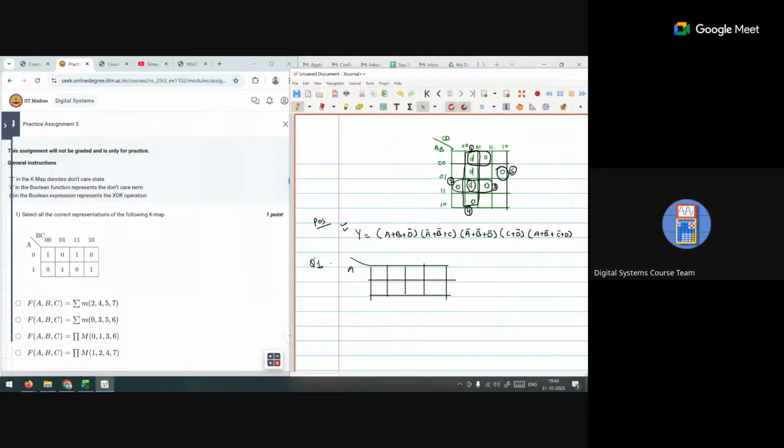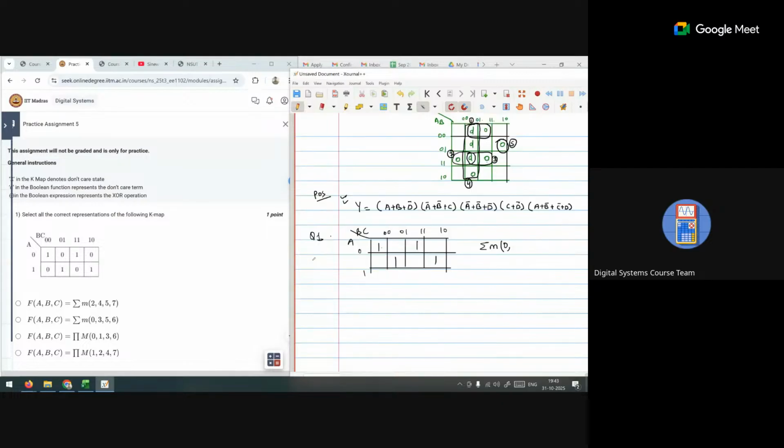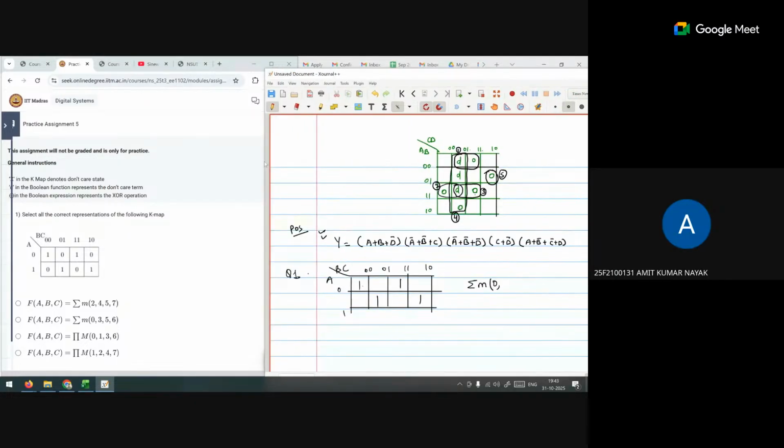So this is A, B, C, 1, 1, 1, 1. If we are talking about the sigma m, which terms are present? 0, 3, 5, 6.